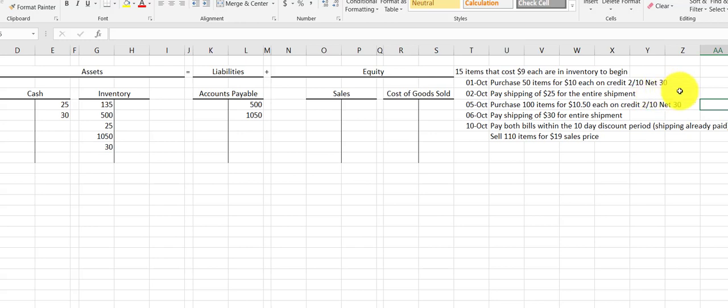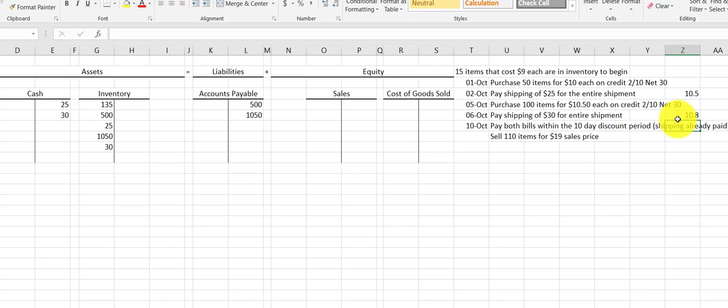So you might say that these units cost us $10 per unit plus 50 cents for shipping, so $10.50. The units in the beginning cost $9. Then we have 50 that cost $10.50. And then we have these other ones that cost $10, but we had shipping on top of that, so those are actually $10.30.